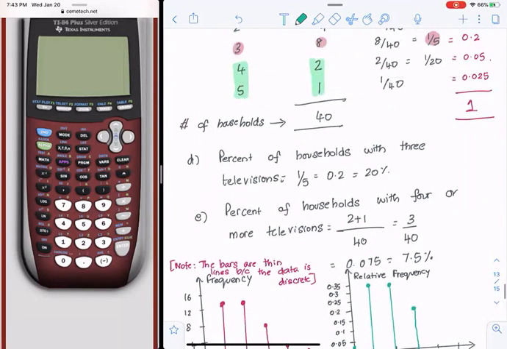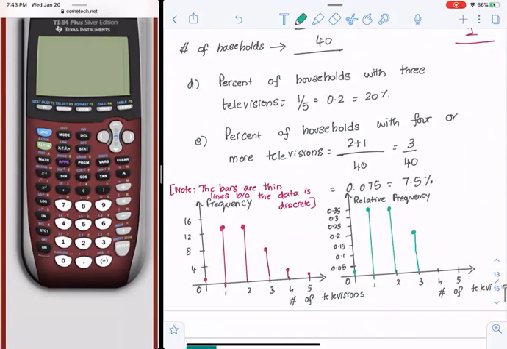The number of households with 4 televisions is 0.05. And lastly, it's 0.025.